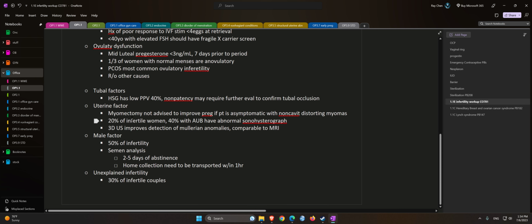Tubal factors: HSG has low positive predictive value, only 40%. If the patient has non-patency, may require further evaluation to confirm tubal occlusion. Maybe use chromotubation.